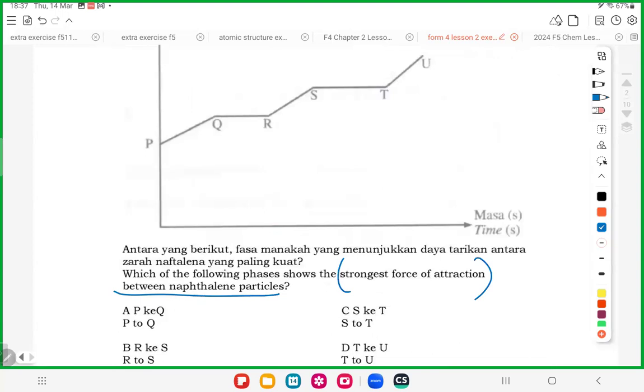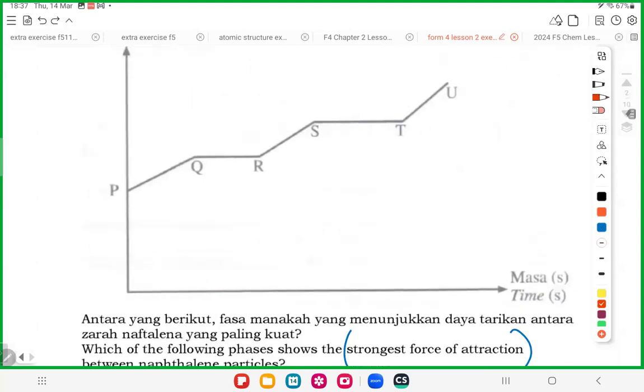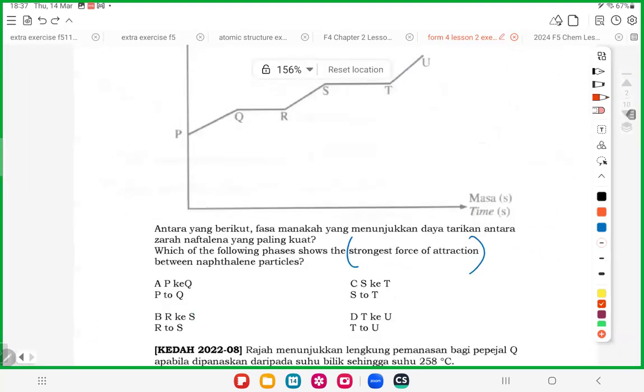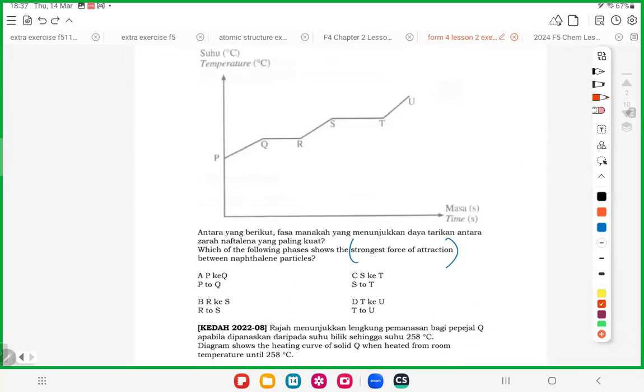Strongest force of attraction. So how to do this question? Can we analyze this together? Or maybe I let you try this question first. I give you 1 to 2 minutes to try, and let me know the answer in the chat box. You try first before we discuss.